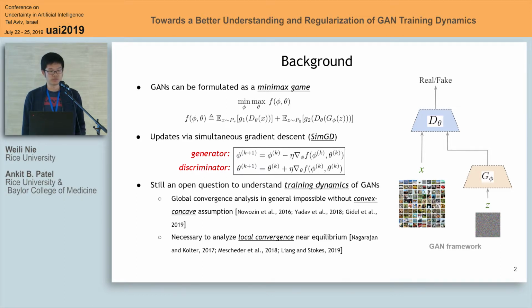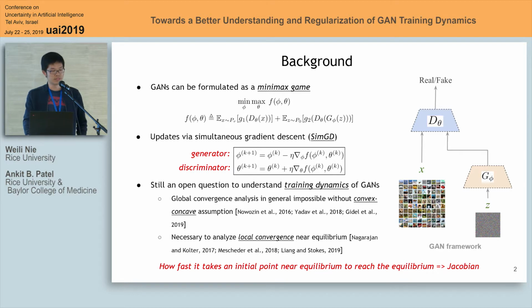Although GANs have achieved great success in generating realistic samples, it's still an open question to understand the training dynamics of GANs. In general, global convergence analysis is impossible without some unrealistic assumption like convex-concave. But following the same argument from previous work, we think it's necessary to first analyze some local convergence behavior near equilibrium.